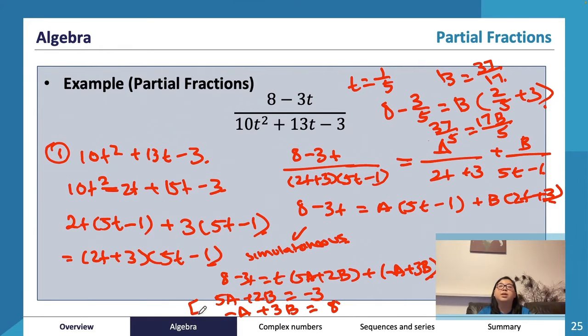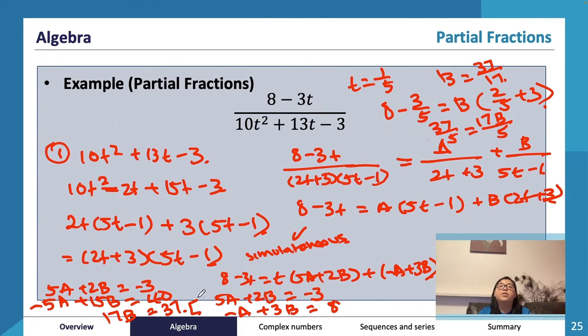If we did the same thing here, we could multiply the bottom equation by 5, so we end up with 5a plus 2b equals negative 3, and negative 5a plus 15b equals 40. When we add everything across, we get the same thing: 17b equals 37. And that's what you can get there.